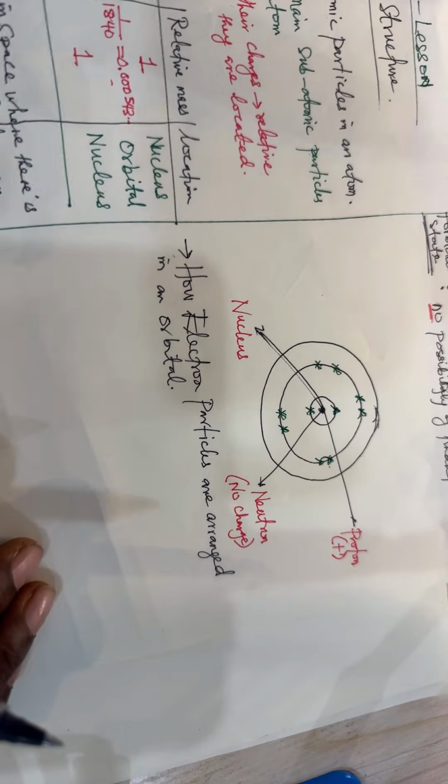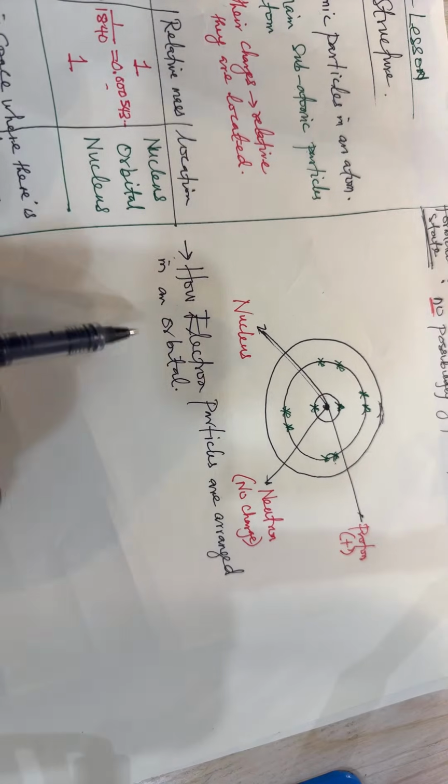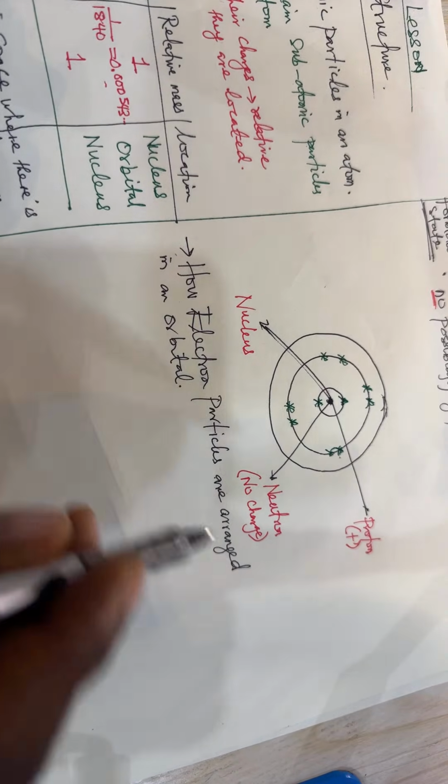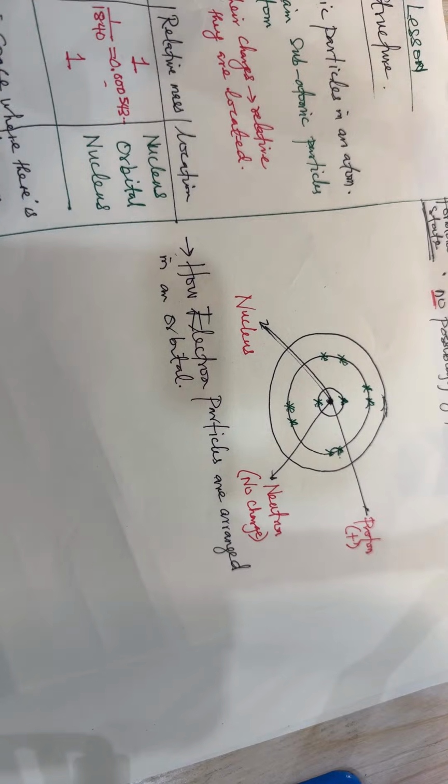All right, let's continue. How electron particles are arranged in an orbital is pretty simple. Please pay attention to this statement I want to make.